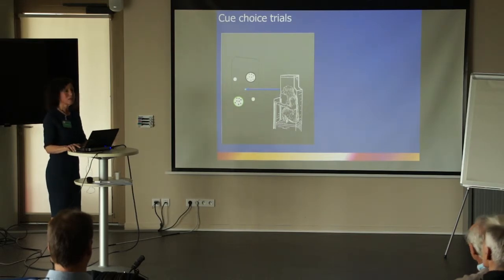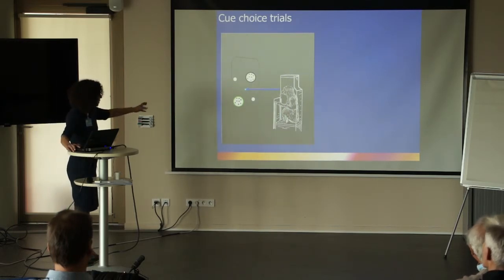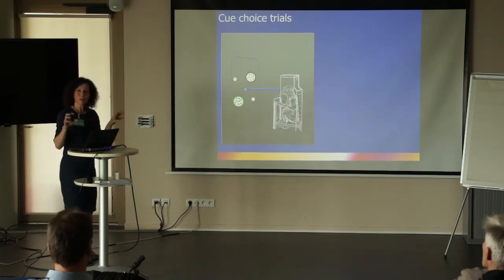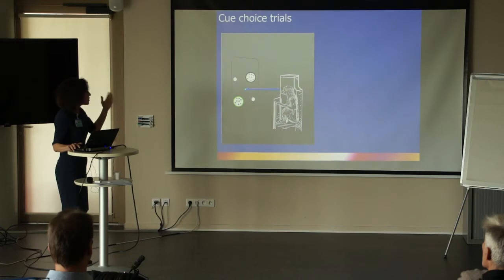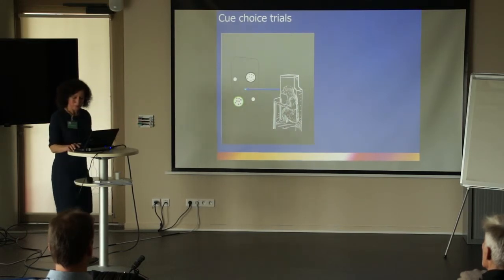So we tested this using choice trials. These trials were exactly the same as what I've shown you, except that the monkey had two cues of unequal validity, and he was free to choose one. Right? So for example, if he moved his eye to the black cue, then that cue gave its motion information, and the monkey could finish the trial.